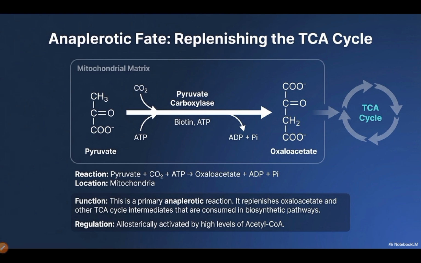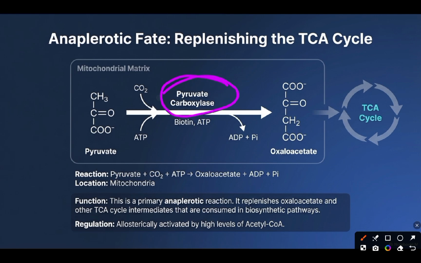Don't worry, you will understand this better in the tricarboxylic acid cycle. But for now, we are still on pyruvate metabolism. So just keep on watching and keep following the playlist. You will understand this better as you proceed. So pyruvate is converted to oxaloacetate by an enzyme known as pyruvate carboxylase.